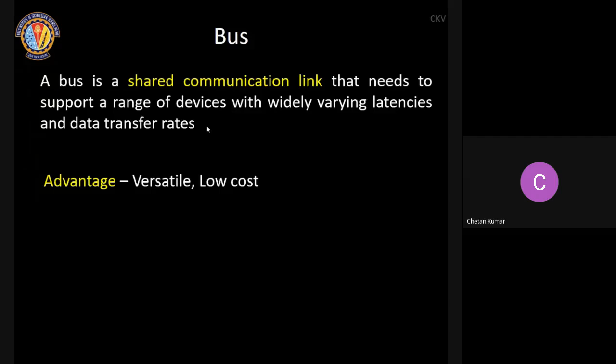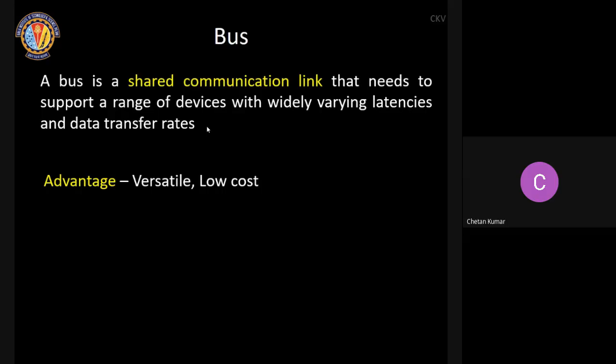It's not just communication between two devices. There will be some controller which will take care of how the communication happens. There should be a basic protocol, which could be a handshaking protocol. Whenever two things are connected, the master will first send a signal to the slave saying, "Are you ready?" Then the slave will send a signal saying, "Yes, I am."